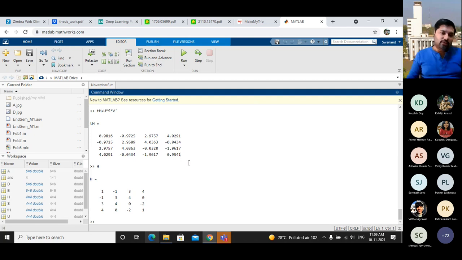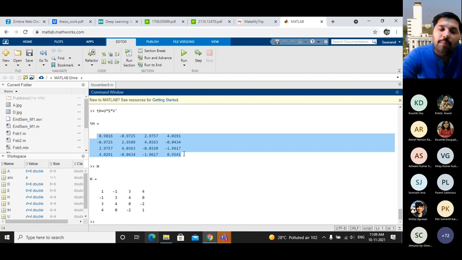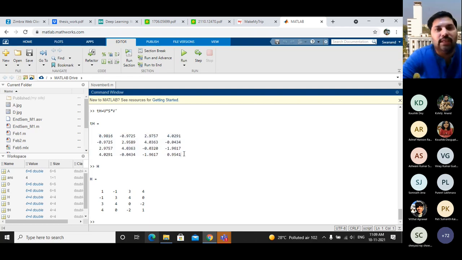Ideally I would have wanted a Hankel structure, but I do not get one just using SVD. That's the point I'm trying to make. An additional constraint of structure is a difficult constraint. It makes this problem of low rank approximation really very difficult. So this is what I wanted to demonstrate. Is that fine? Do you roughly get what I'm trying to say here?